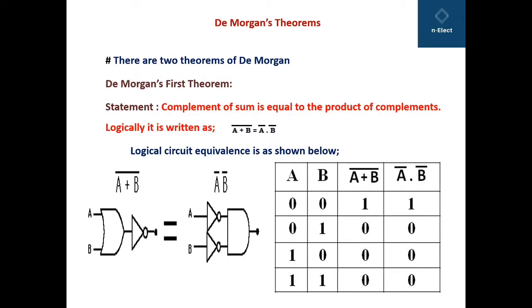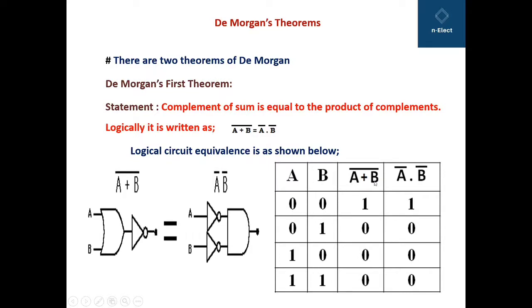The truth table for the left hand side and right hand side of the expression is shown here. Since a two input gate is considered, two variables are used in the theorem, A and B, and there will be four conditions: 0 0, 0 1, 1 0 and 1 1. For the left hand side, that is A plus B whole bar, suppose both inputs A and B are 0.